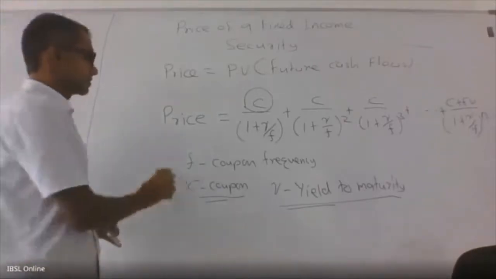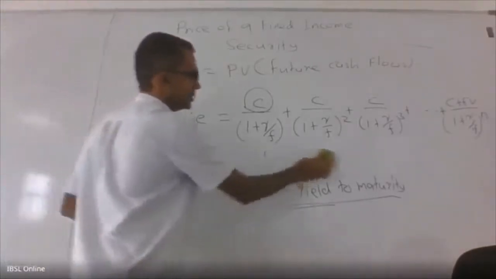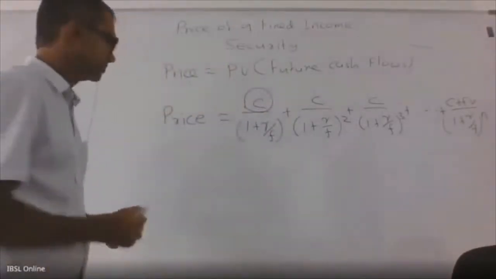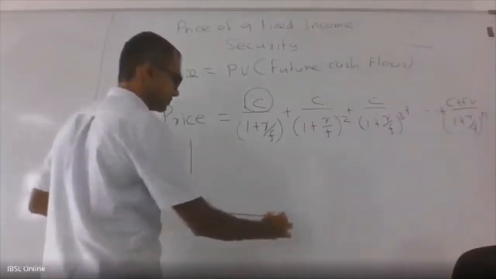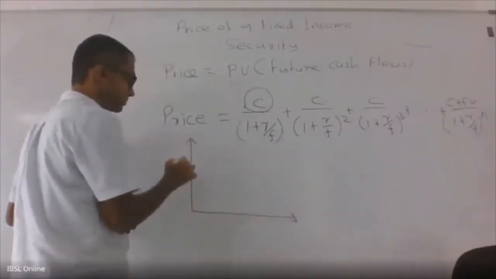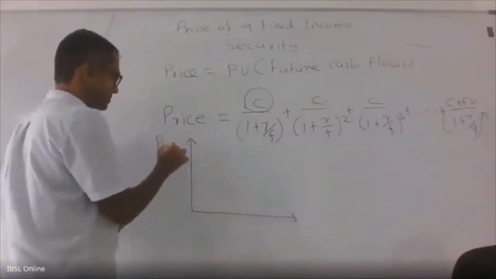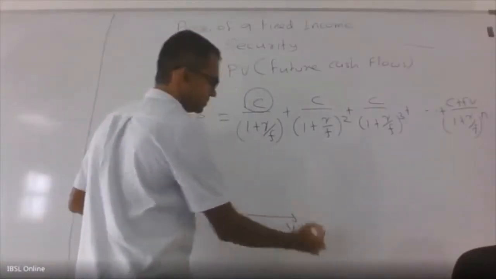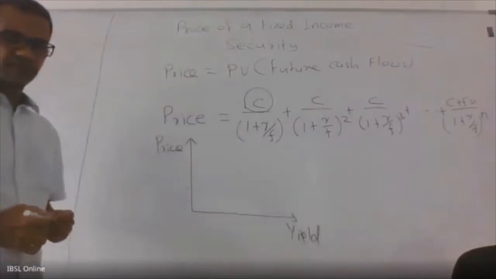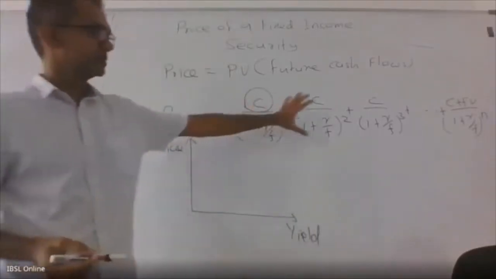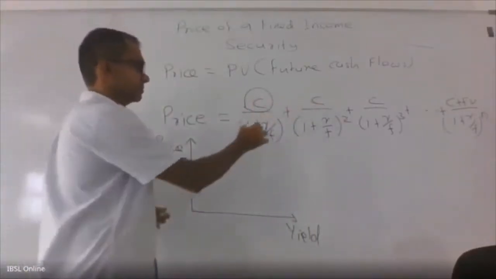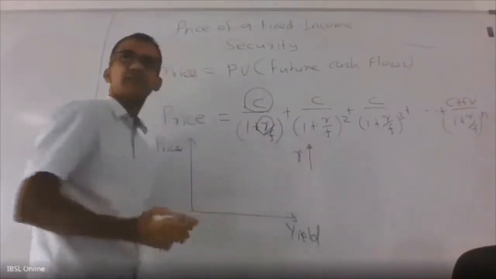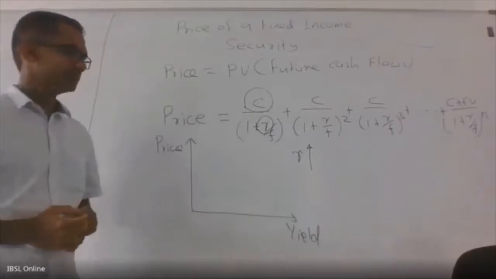And then we discussed the relationship between price and the yield. What is that relationship? If you look at this equation, when yield increases, what happens to the price?